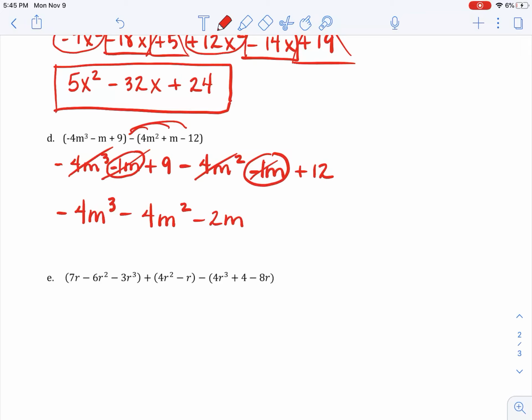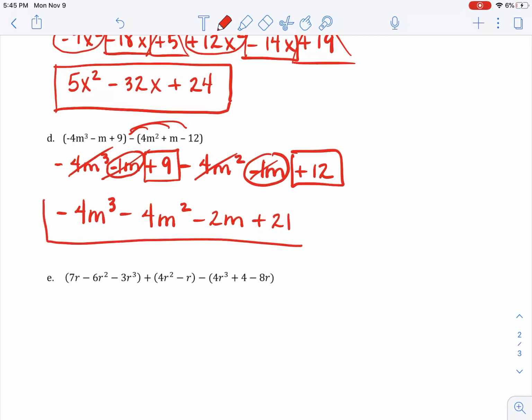And again, if you want to cross them off as you go, that's fine. And then I have a positive 9 and a positive 12. If I add those up, I get a positive 21. So I always start with that biggest exponent and work my way down. All right, so that's a simplified difference of two polynomials written in standard form.